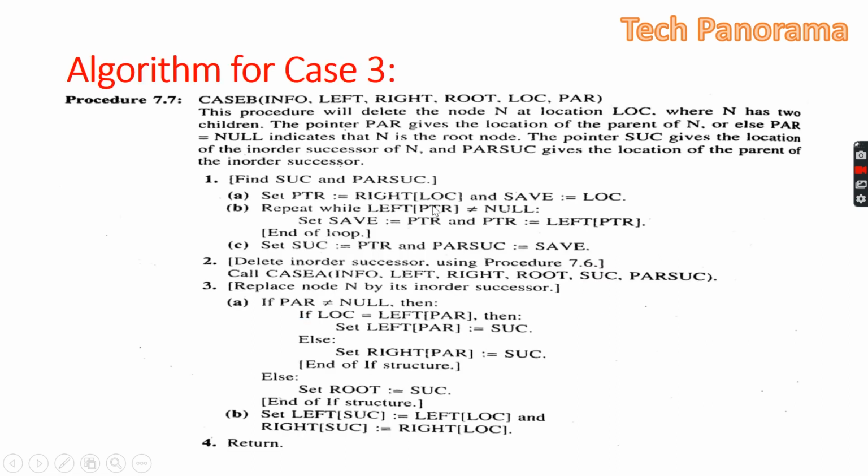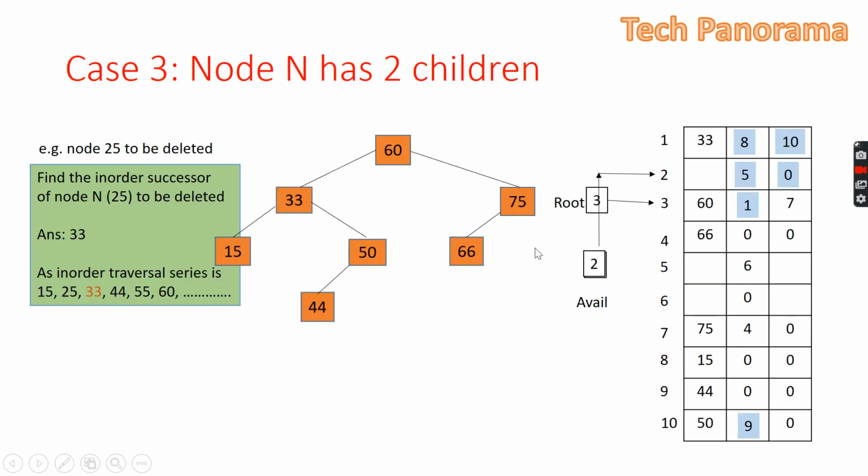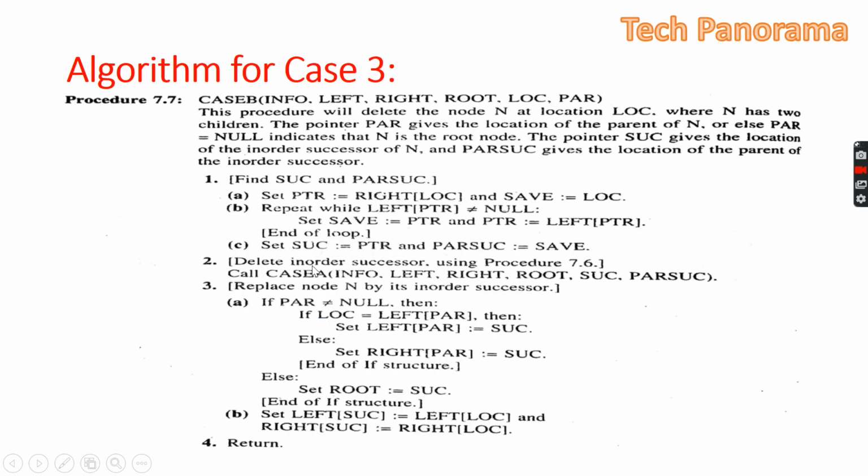So the ptr will point to the right of location and save will point to the location. So the process goes on till we move to the left part. When the left of ptr is null, then we write successor is equal to ptr and the parent successor is equal to save. Because we have to make changes at 33 and at 25. Sorry, at 50 and 33.